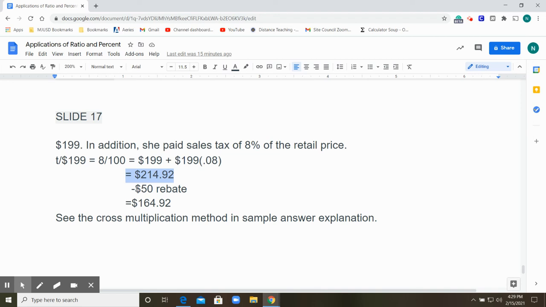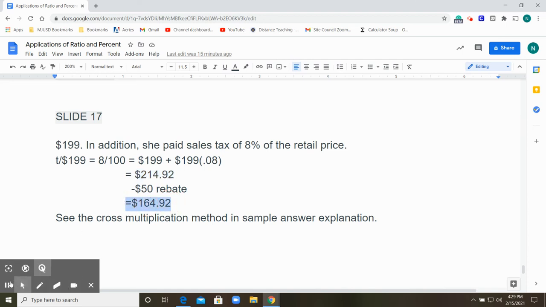Hey Siri, what is 214.92 minus 50? Hey Siri, what is 214.92 minus 50? 214.92 minus 50 is 164.92.